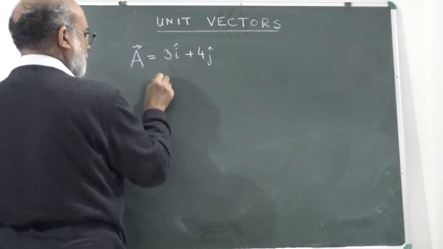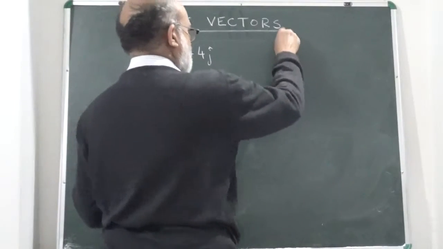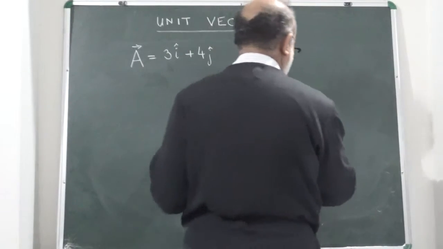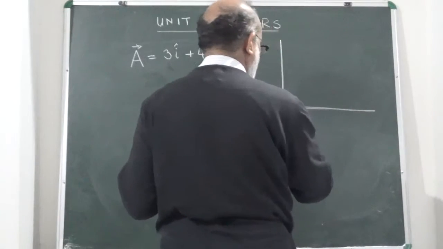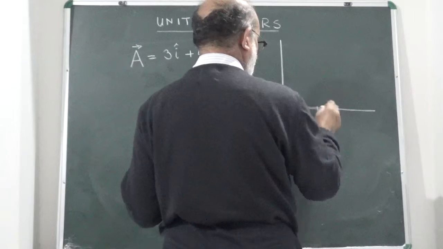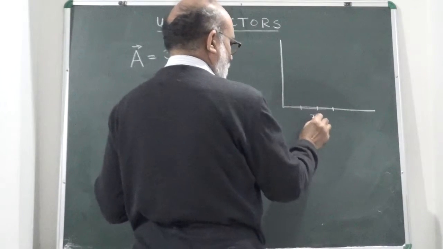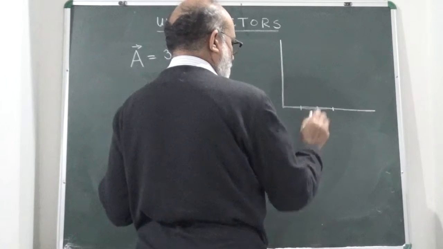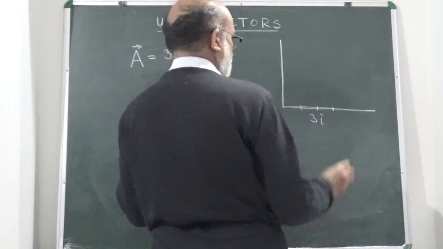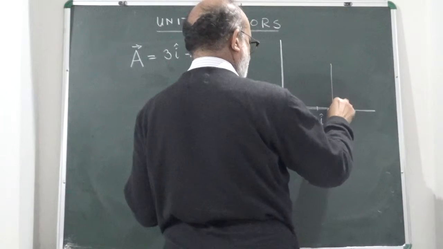Suppose this is 1 unit, so 3i is 3 units along the x-axis, and 4j is along the y-axis.